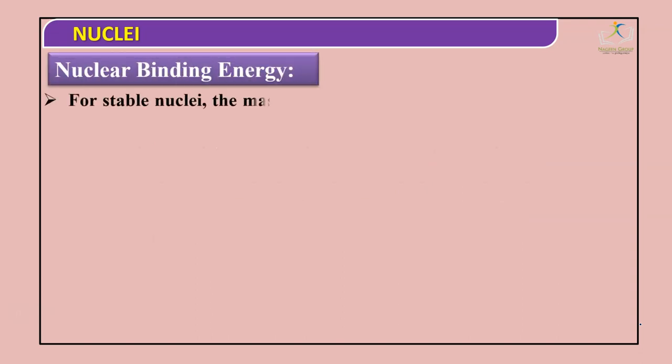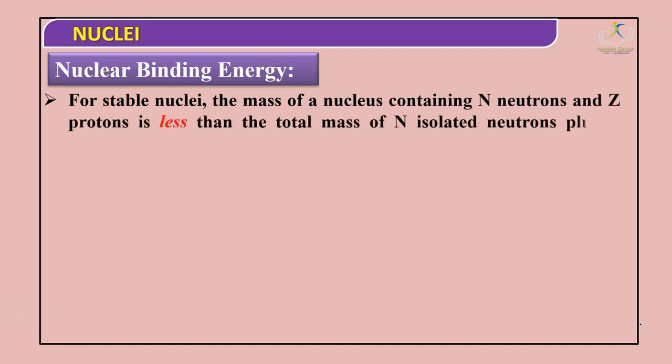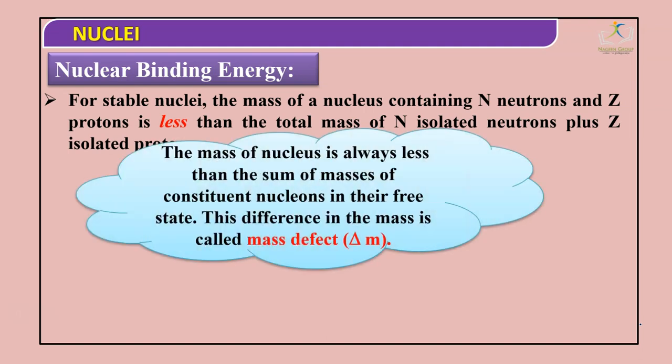Next topic we have is mass defect and binding energy. Nuclear binding energy: for stable nuclei, we know the mass of the nucleus containing N neutrons and Z protons is less than the total mass of N isolated neutrons plus Z isolated protons. That means the mass of the nucleus is always less than the sum of the masses of the constituent nucleons.